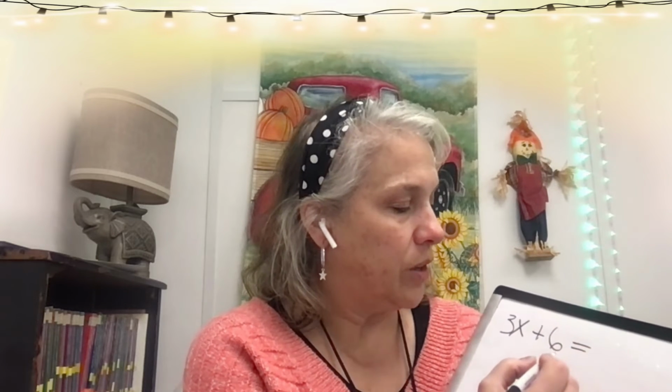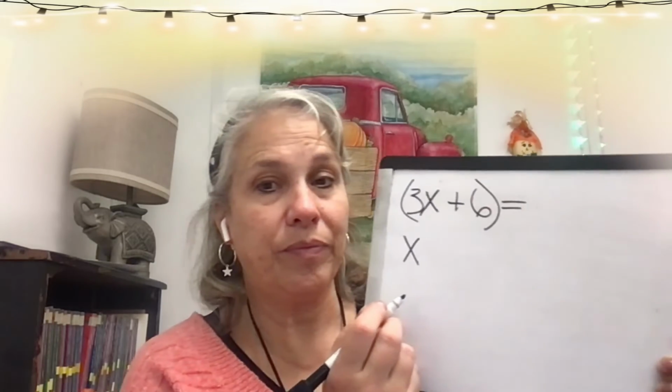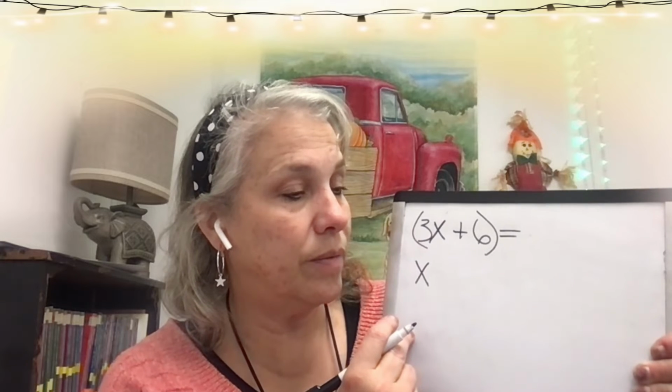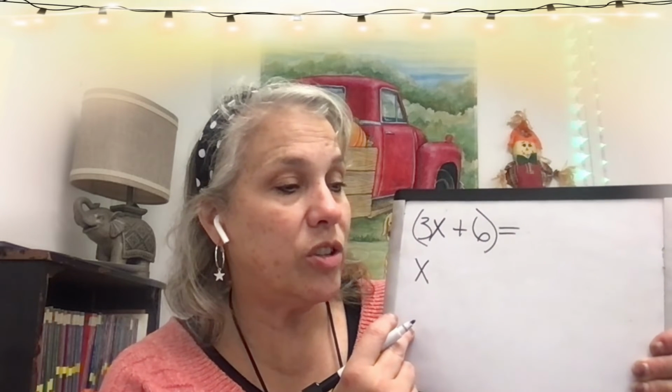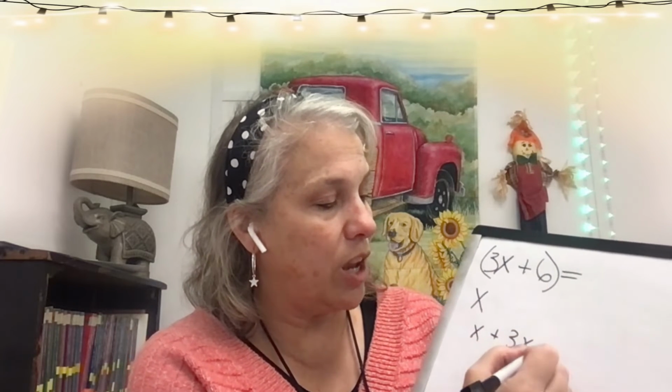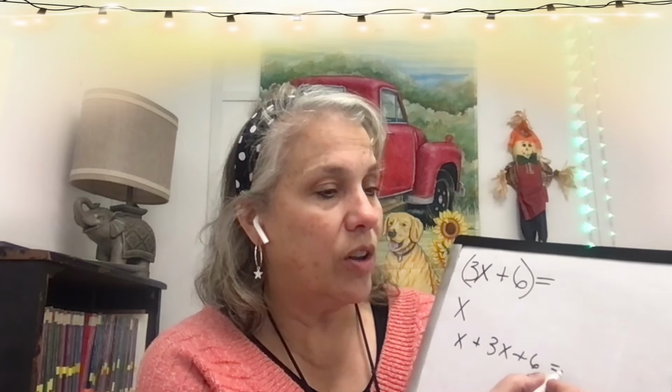Their ages total 46. Okay, so this is the lady's age, and the daughter's age is x. And then it says their ages total 46. So if I add the daughter's age plus the mother's age, together they make 46.